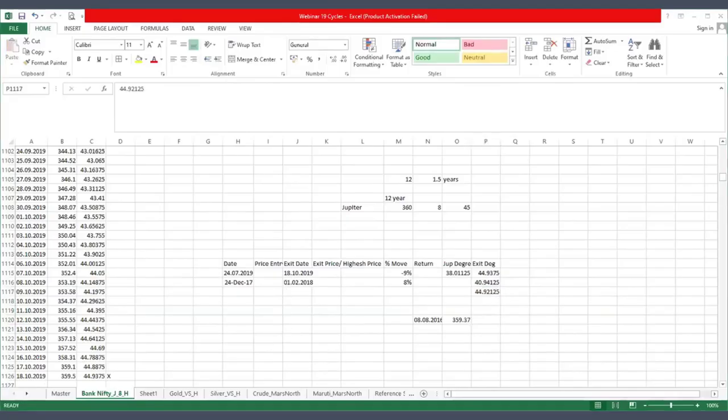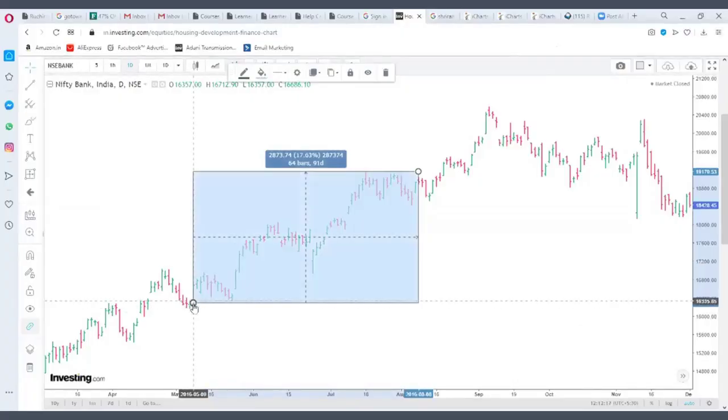Wait, chart not visible, wait. You see 9th of May after 6th of May. I have just marked from this to 8th of August, which is our range of 45 degree for Jupiter. So inside that, it has given around 17% return.